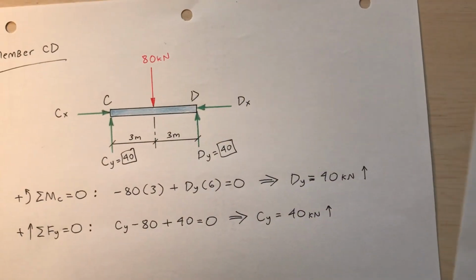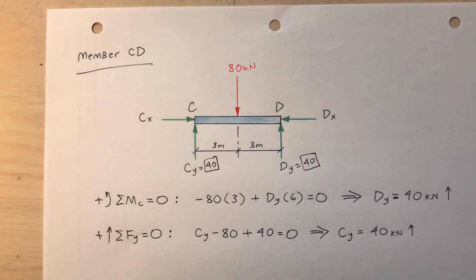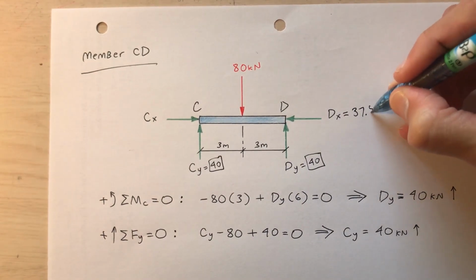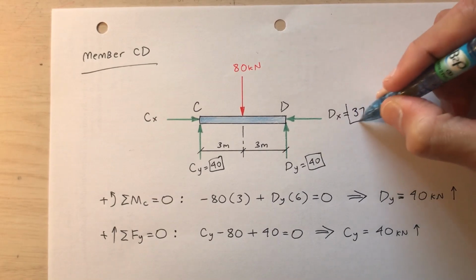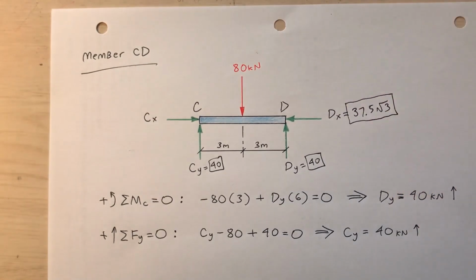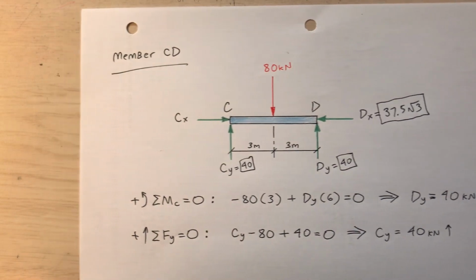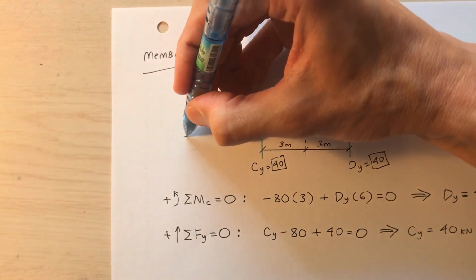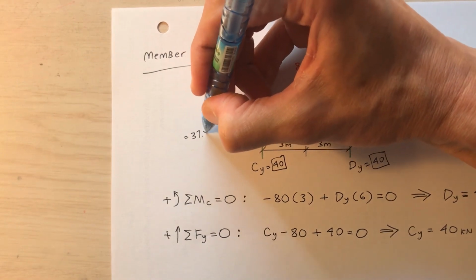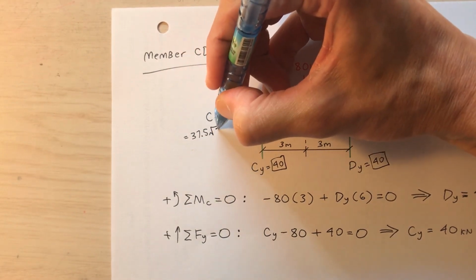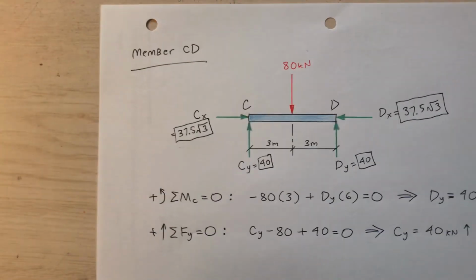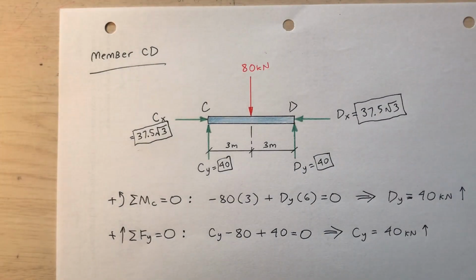That means that here, for CD, I've got D sub x is 37.5 square root of 3. Now slide this over some more. That means that C sub x is 37.5 square root of 3. So now this is complete.